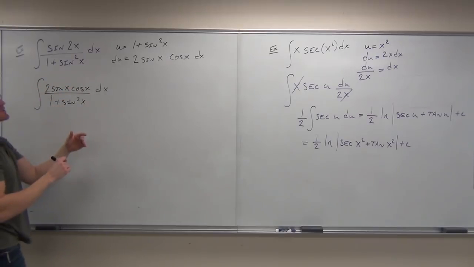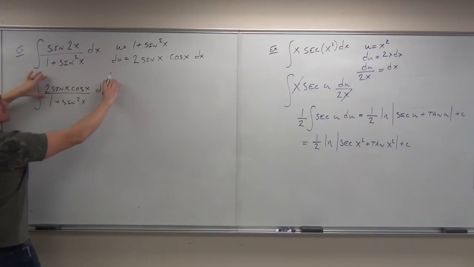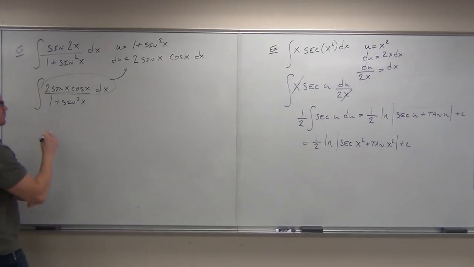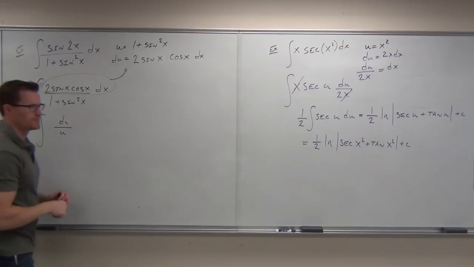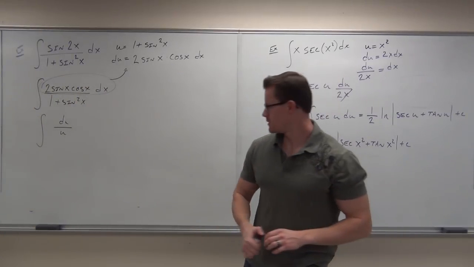Now check out what happens. I have a 2 sine x cosine x dx. That's exactly this piece, so this is going to change into my du. So I get du over u, or 1 over u du, it's the same thing.